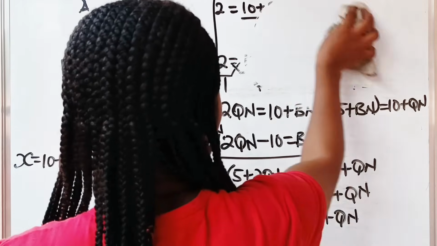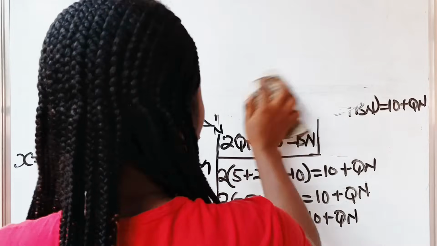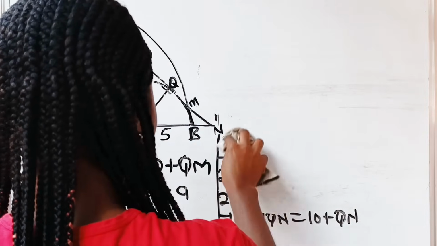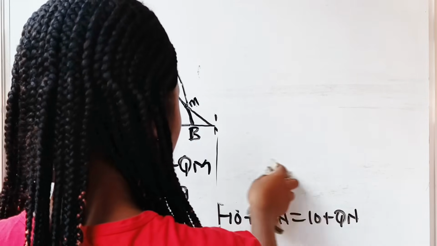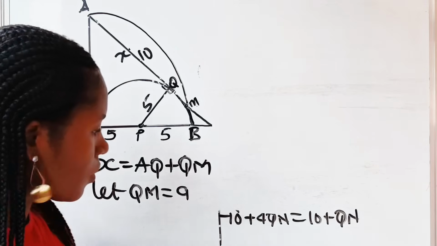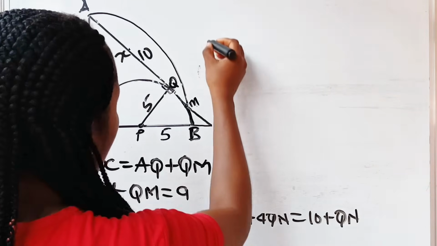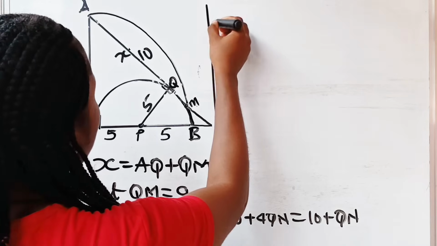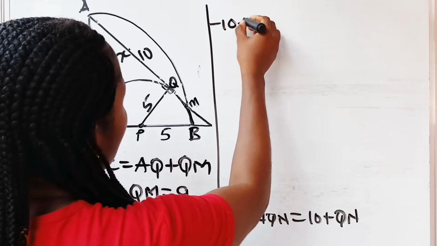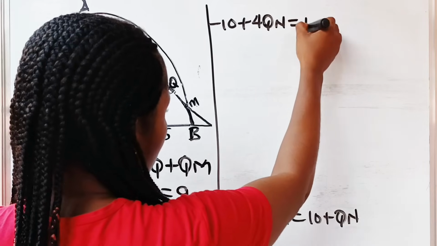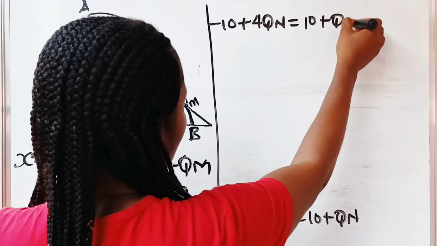So we have minus 10 plus 4QN is equal to 10 plus QN.